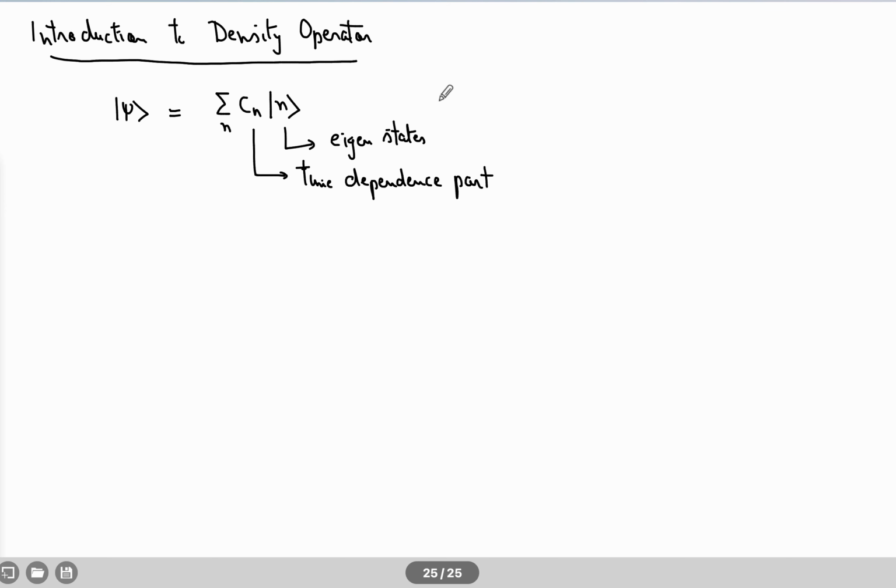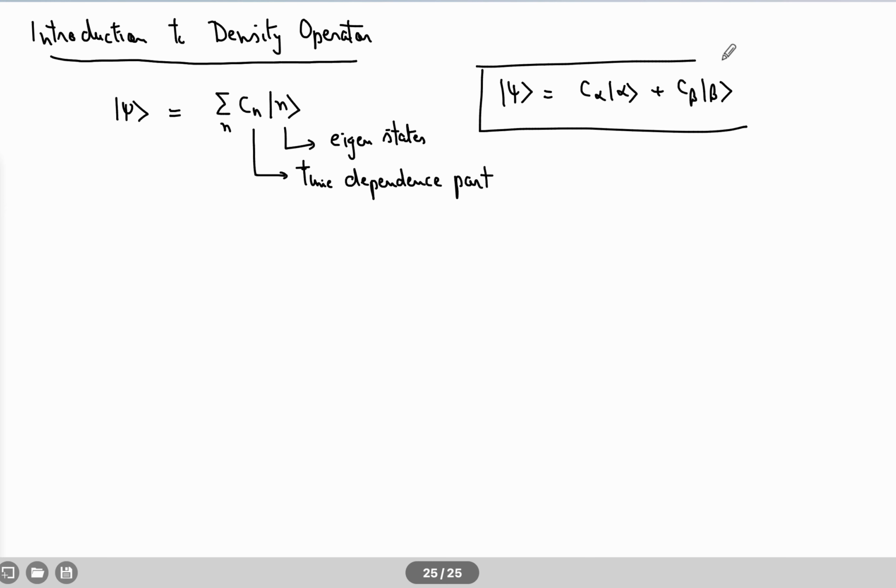For a two spin system, psi will be equal to C alpha alpha plus C beta beta. This is just an example, and in general we can write the same equation as psi is equal to summation Cn n over all n's, right?